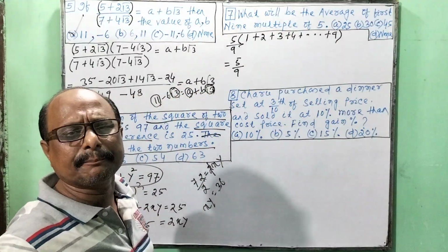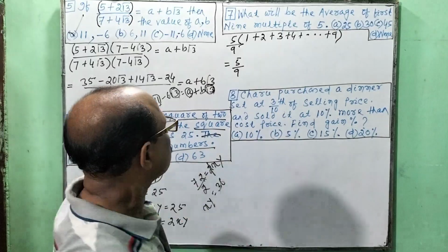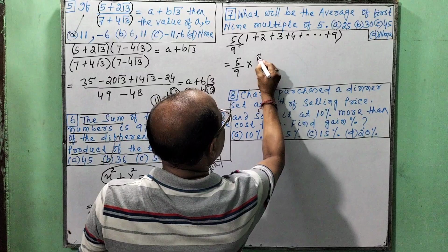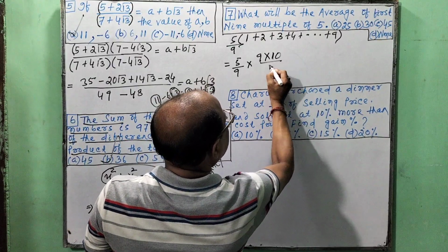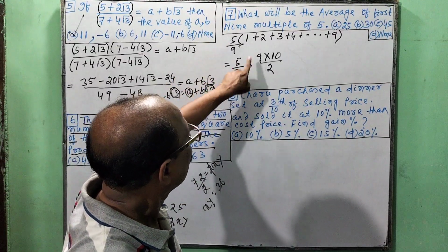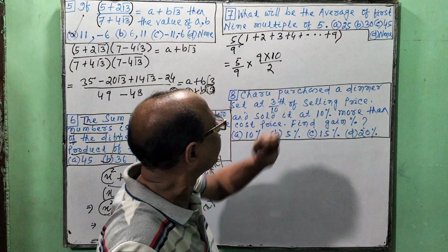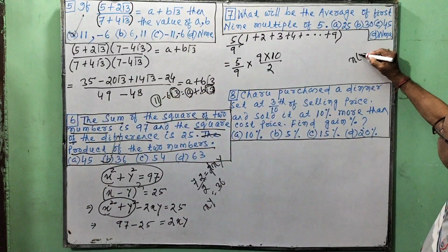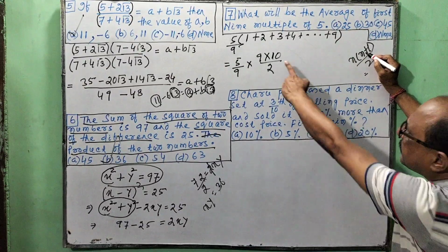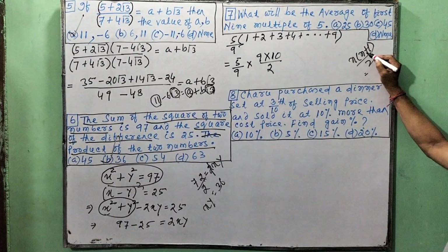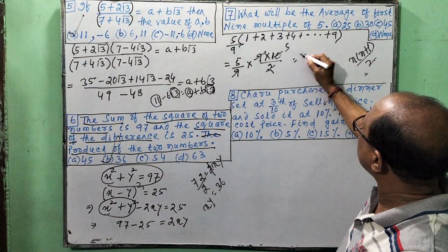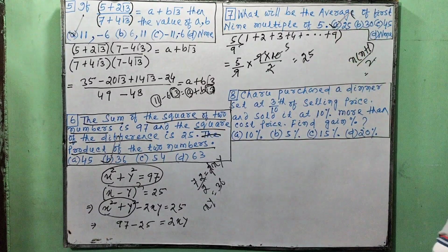Using the formula n into (n plus 1) by 2 for the sum, 9 into 10 by 2. So n is 9, n plus 1 is 10, divided by 2. The 9s cancel, and 5 times 10 by 2 gives 25. So the answer is 25, right?